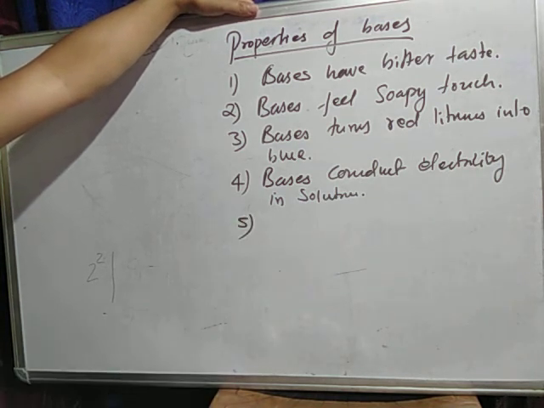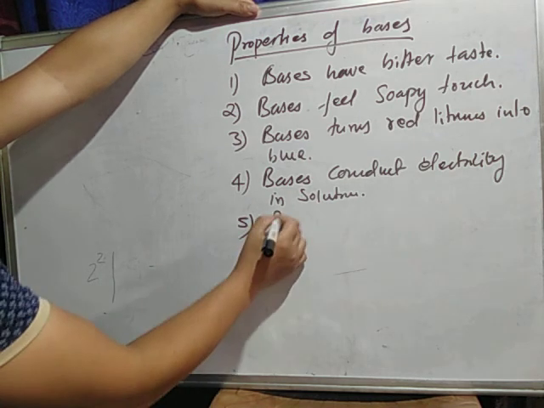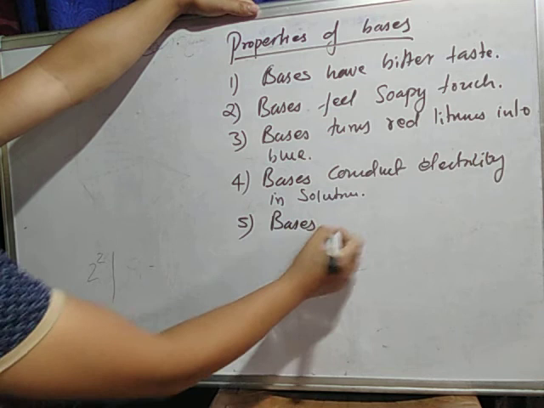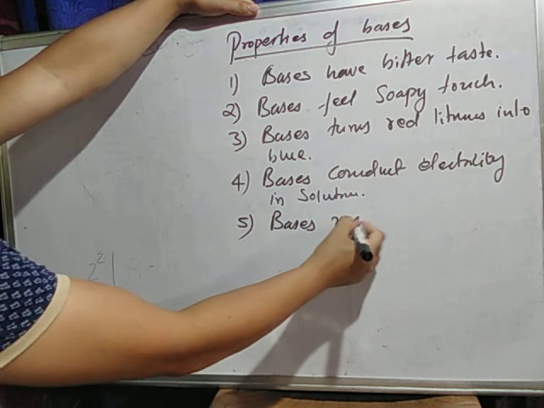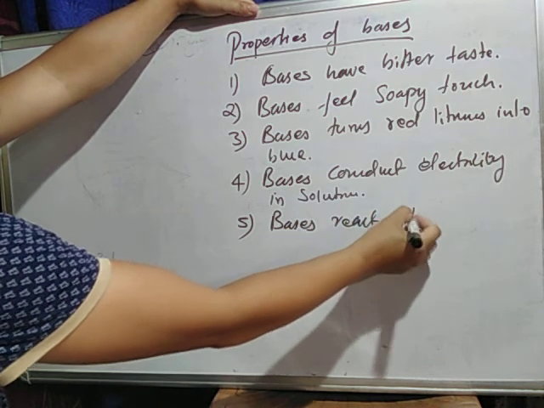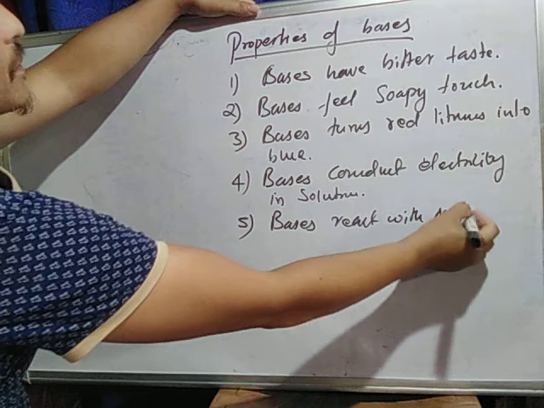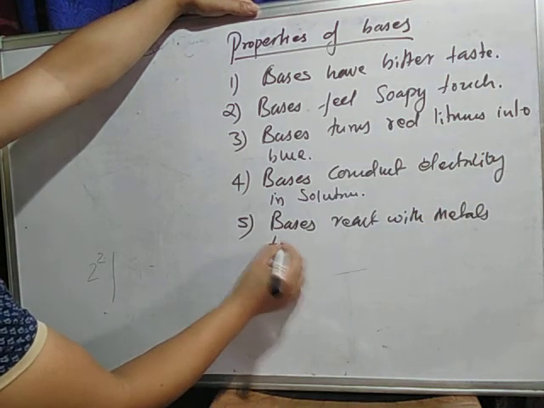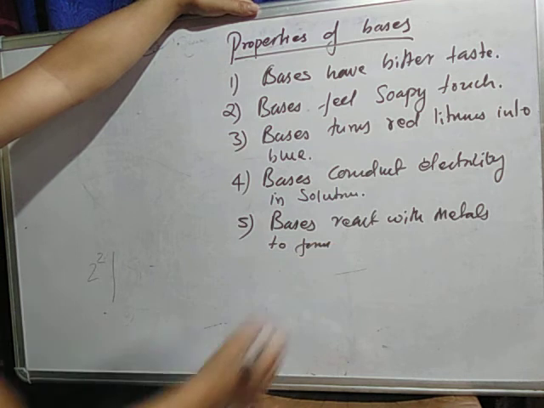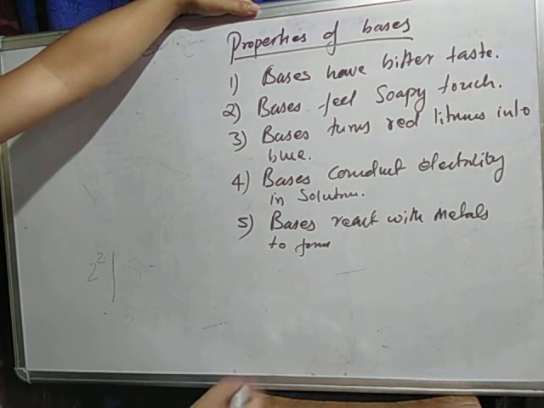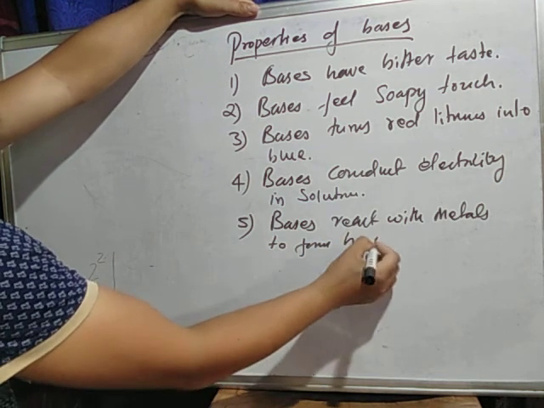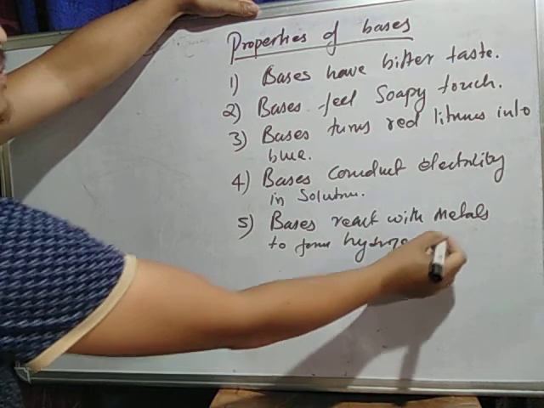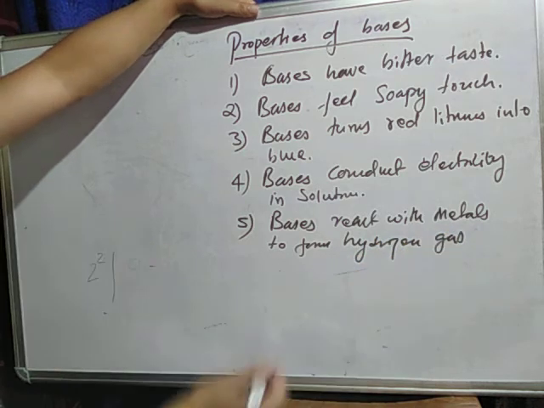Next, fifth one, write down. Bases react with metals to form hydrogen gas. If you react bases with metals, what does it form? It forms hydrogen gas. Now compare with your acid also.